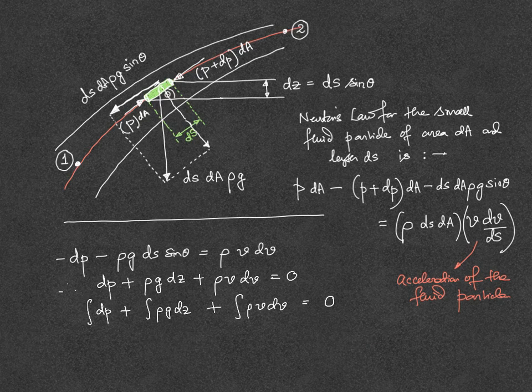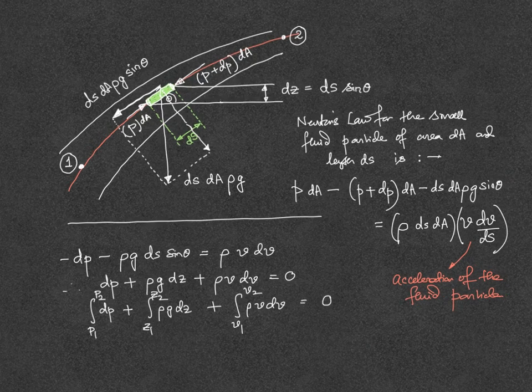Now we'll put the limits. The limits will be from p1 to p2, integrating from points 1 to 2. As the density is constant, rho will come outside the integration sign. Here you have z1 to z2, and here you have v1 to v2.